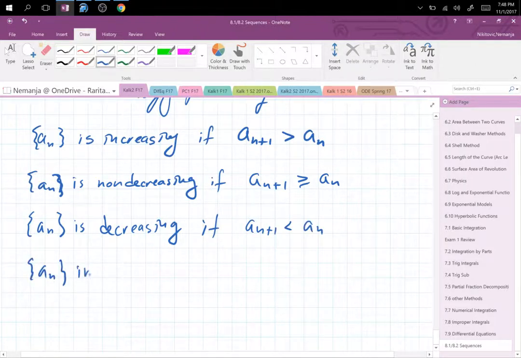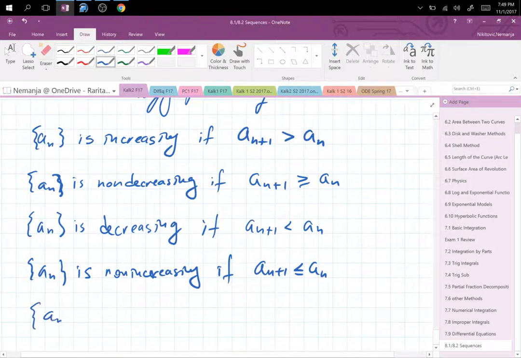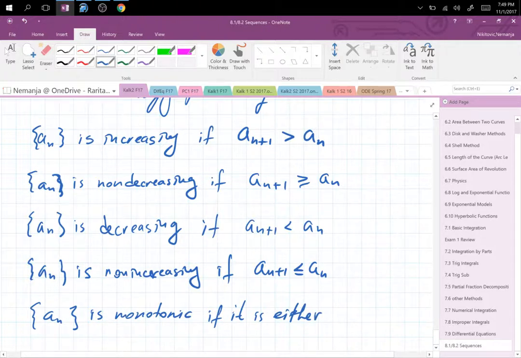And then we have a_n is non-increasing if a_(n+1) is less than or equal to a_n. Then we have a_n is monotonic if it is either non-decreasing or non-increasing.